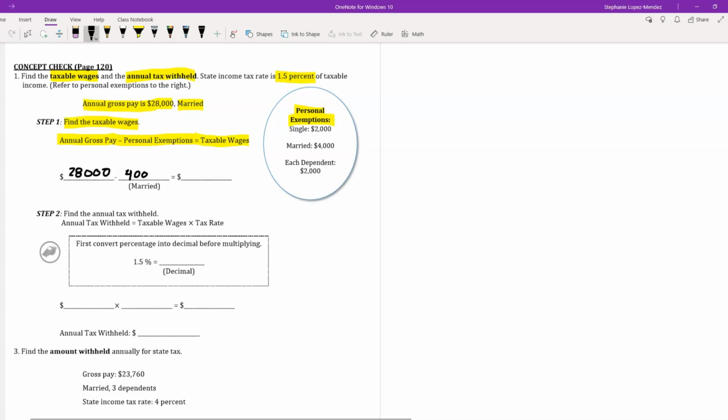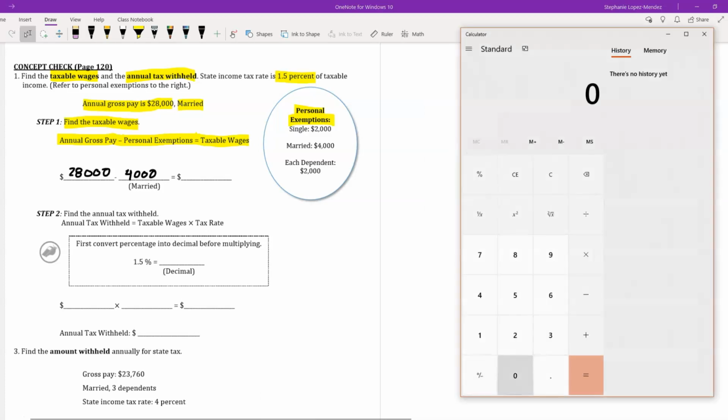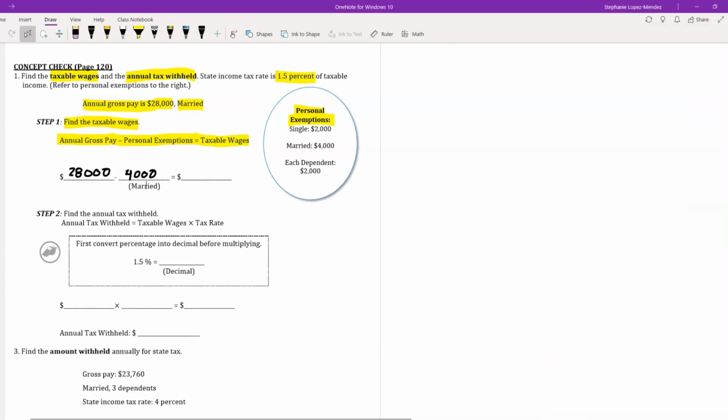So we use $4,000. And we just simply do the subtraction. I go to my calculator and I have 28,000 minus 4,000. That's a total of $24,000. So my taxable wages are $24,000.